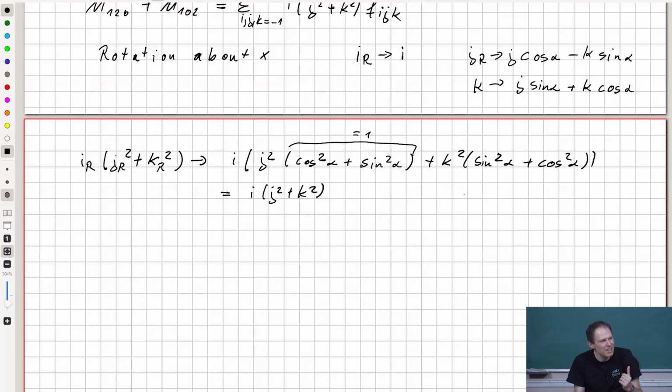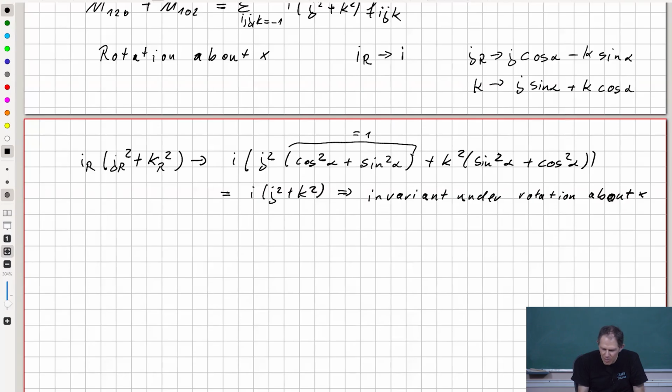So this does not mean that this moment is rotationally invariant. It only means it's rotationally invariant with respect to x. But this is already important here, because this is not the case if we had the difference between the two. So they are rotation invariant under rotation about x.